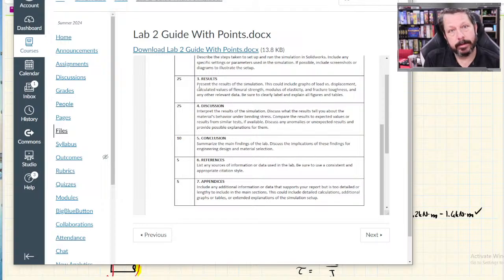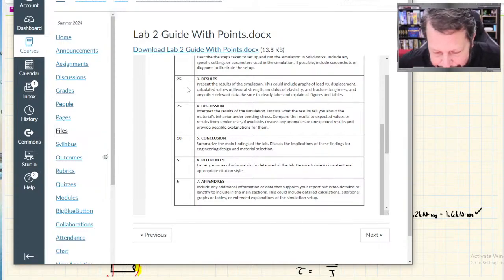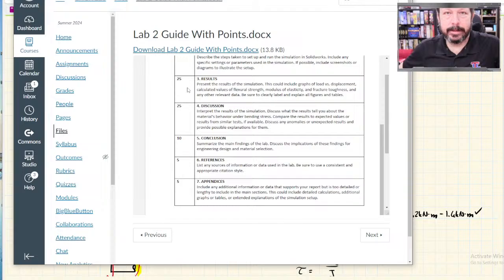The report for the class project, the group project, is a longer thing, like 10-ish pages or so. This is 1 or 2 pages, so this is not a long thing. It's really just to get people familiar with doing the simulations.